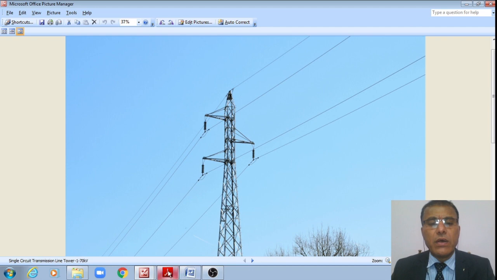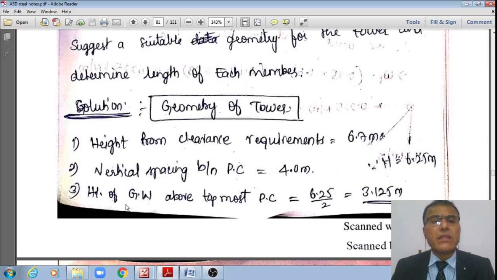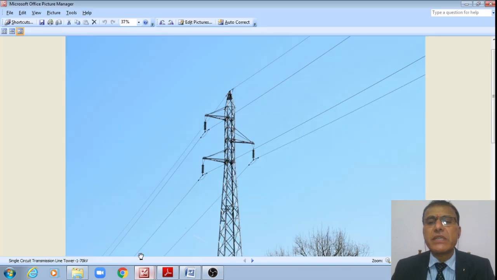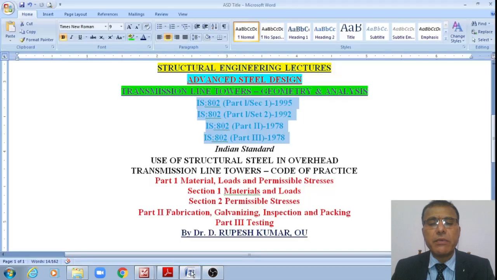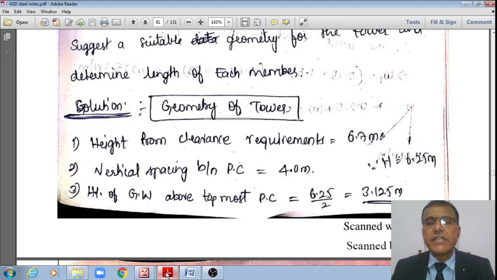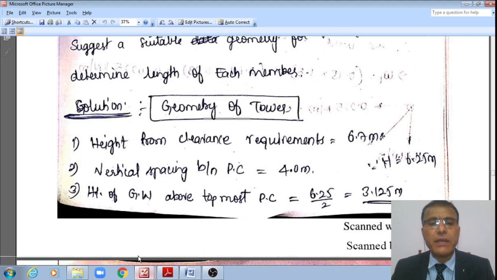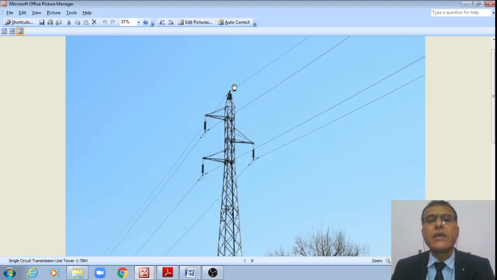Now the next one, the height of the ground wire above the topmost power conductor: what is given is that it should not be less than half the horizontal distance between the power conductors. The horizontal distance between the power conductors given in the problem is 6.25, half of that is equal to 3.125. Therefore this distance is equal to 3.125.